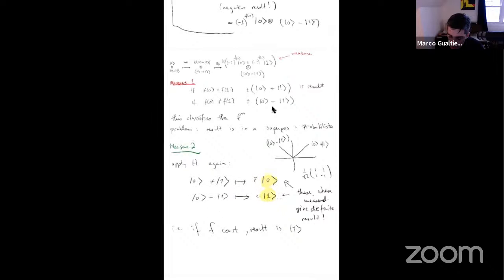I swapped them by mistake. So if the function was constant, we would get 0 plus 1, and 0 plus 1 would be sent to 0. Then we would measure 0. We would measure that the switch is off with 100% certainty, in principle, if you had perfect equipment. And if f is balanced, the result is 1. So we get a complete classification in only one run.